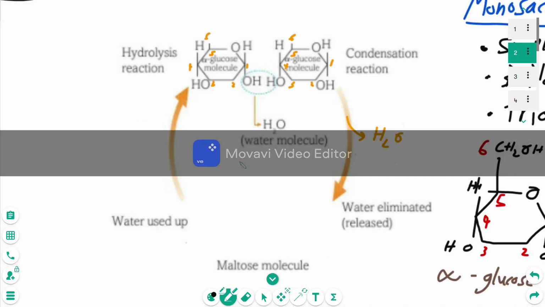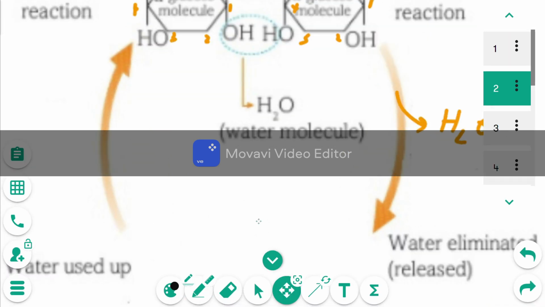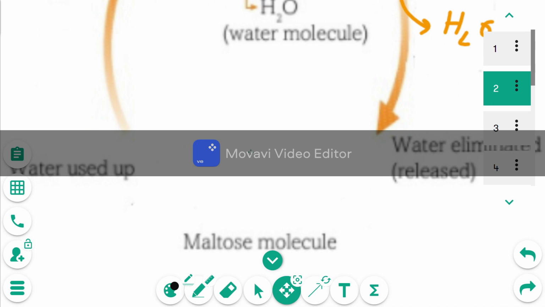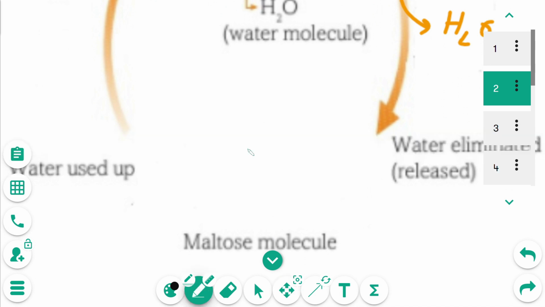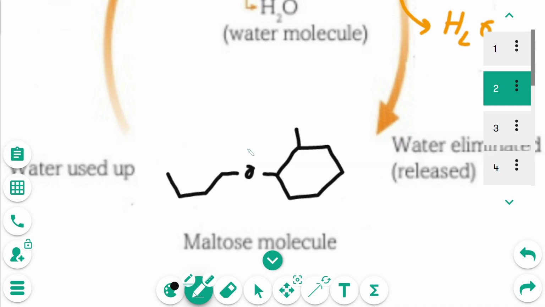So I'm going to try and draw it, which is going to be a little bit of a pain, such a small space to fit it in. So if I do this, you can see here that we form maltose.